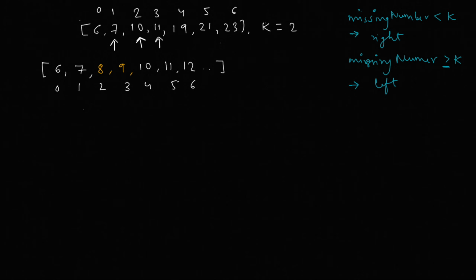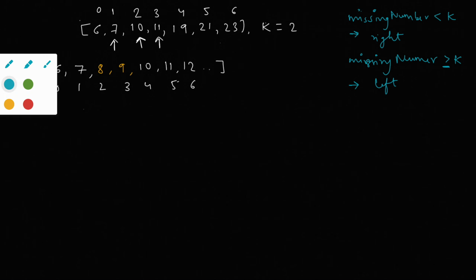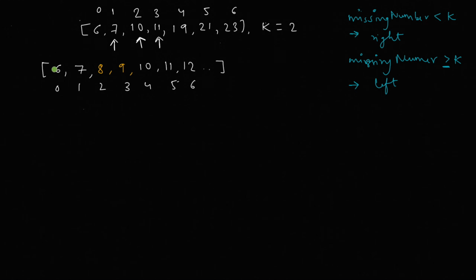Now, one thing we want to look at is how do we find the expected index? That's one thing that we want to know, right? We don't want to create an array to find the expected index, because everywhere we were comparing, we were checking what should be the index for 11. The way to find out the expected index is actually pretty straightforward, because you're expecting the index for 10 to be 4.